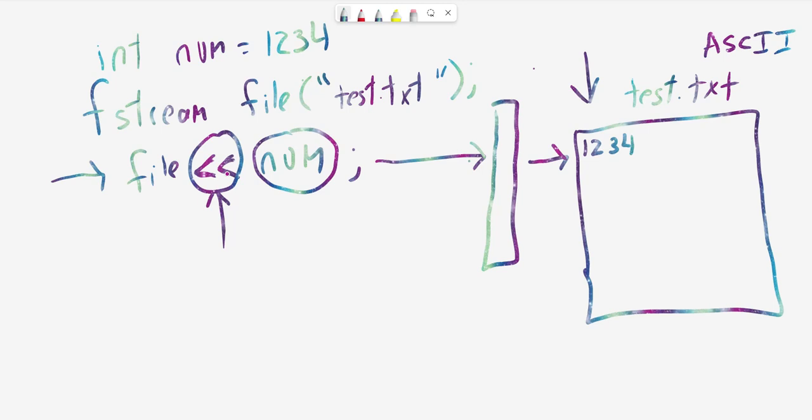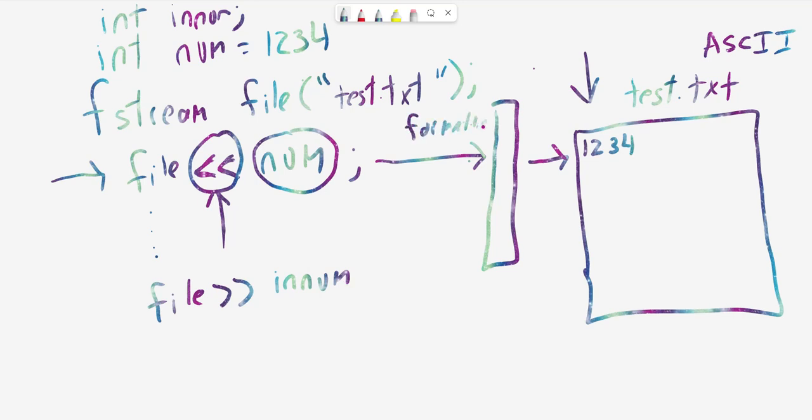We can take the same concept, and let's say I have another variable here. We'll call it innum. If I read from this file, I would use the extraction operator, not the insertion, the extraction operator, and the other way around. So this is called formatting of data.